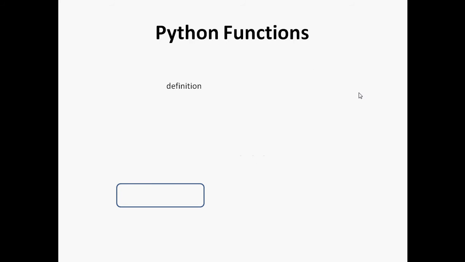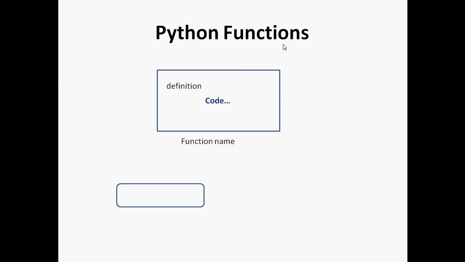For a function, first we need to define a function. Look here, there is a definition for the function, that is a block of code you are seeing on the screen. We define the code within a function with a def keyword and give a name to this piece of code that is known as function name.